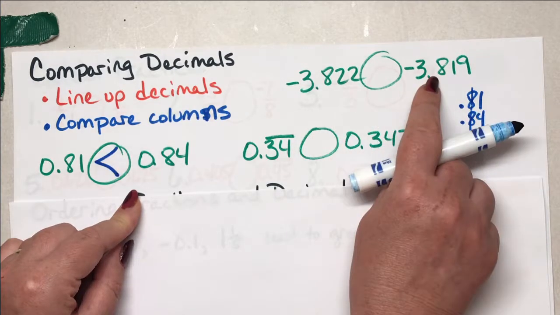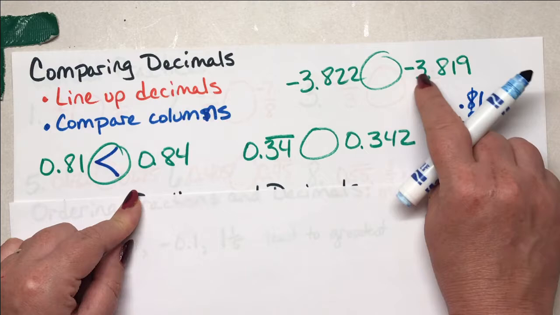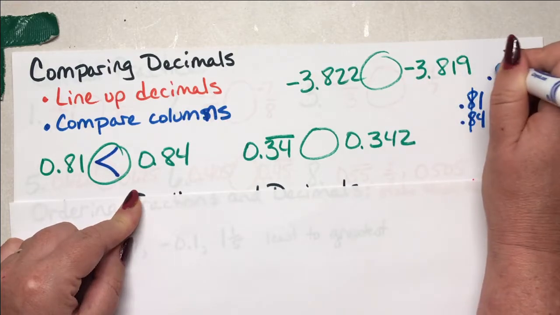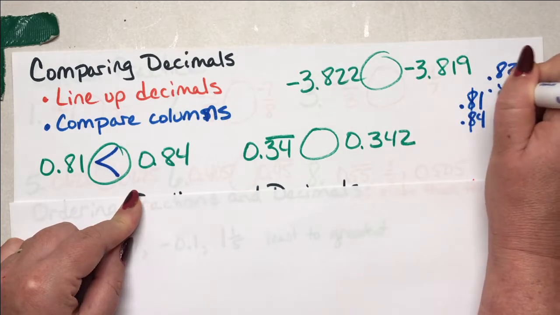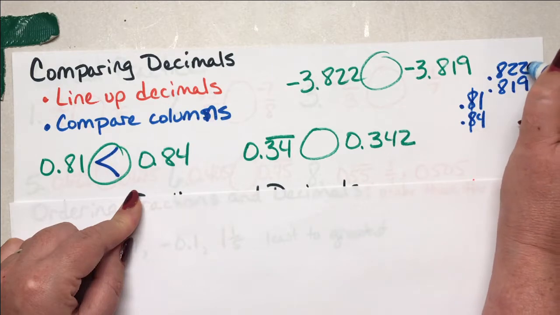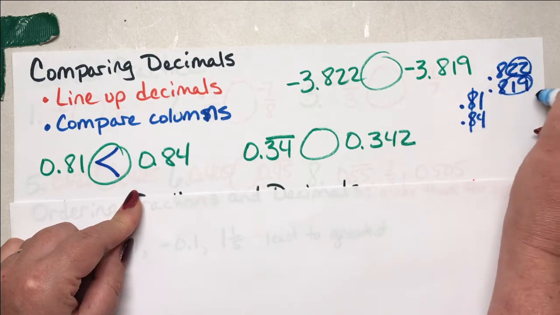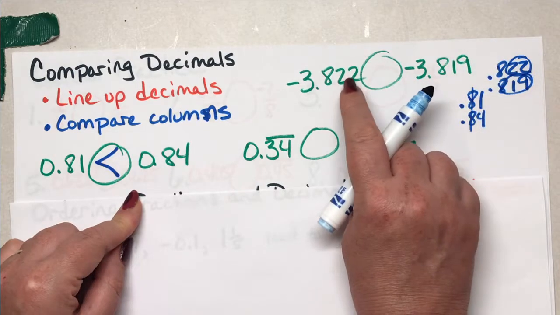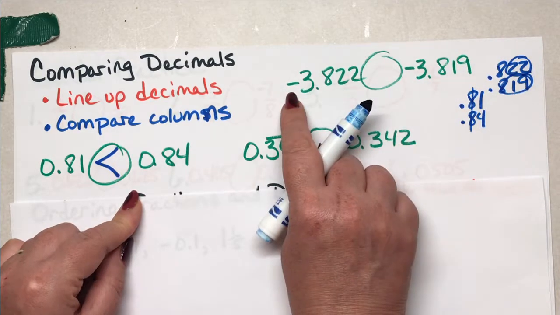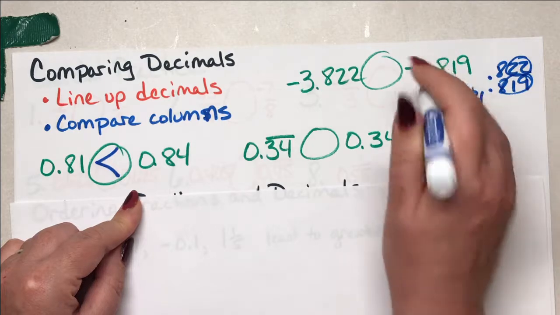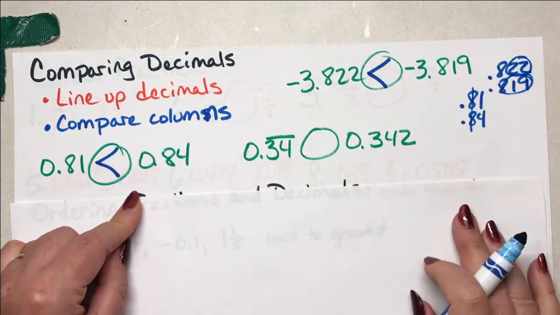Here we have negative numbers, negative 0.822 versus negative 0.819, 22 is bigger than 19. So this is the bigger digits, but in negative number land, this is the bigger number. It's always backwards in negatives.